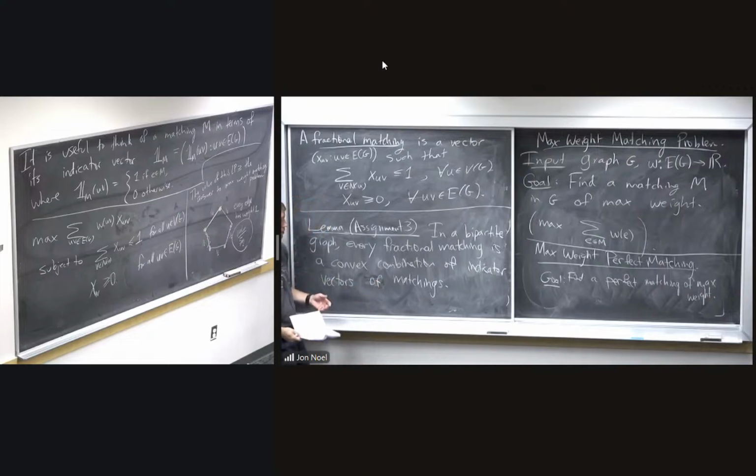So if you have any fractional matching in a bipartite graph, you can express it as a convex combination of indicator functions of actual matchings, where the values are 0 or 1.